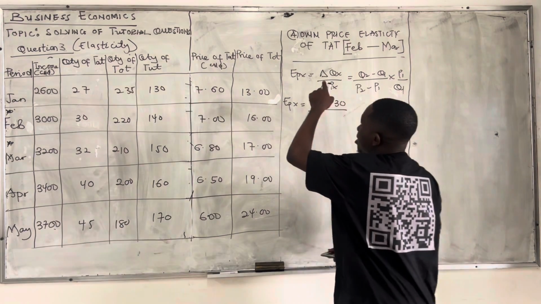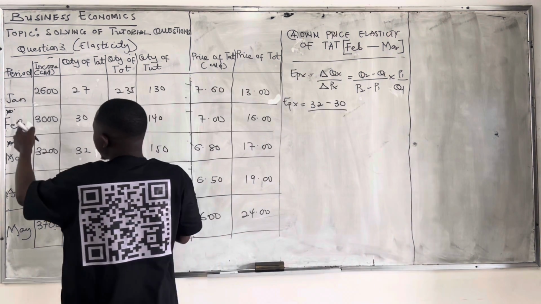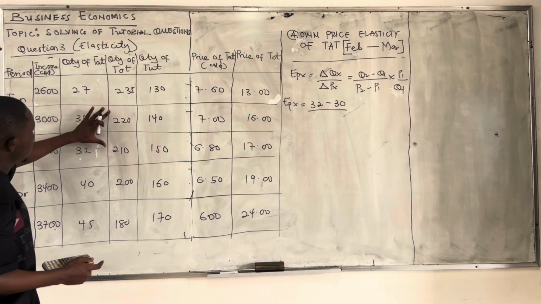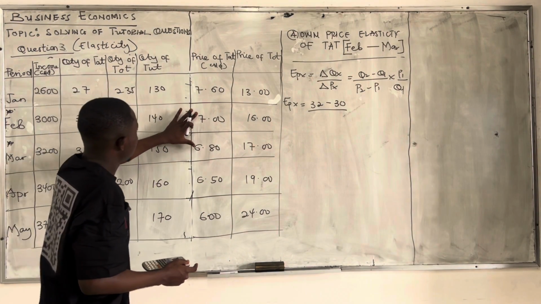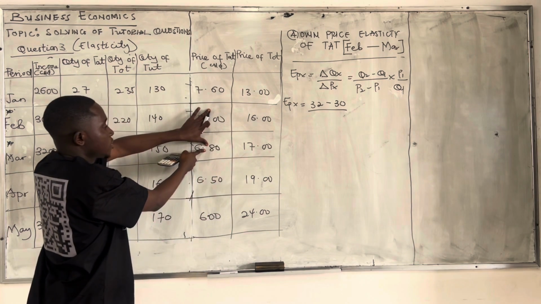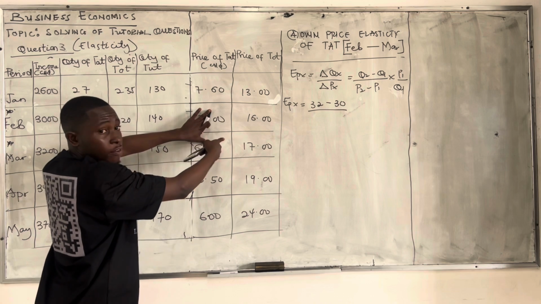Now the price of that same TAT, because it's own price. Remember February and March, so you match it to the price side. The price of TAT is 6.80 in the current month. It is always the current one minus the previous one.